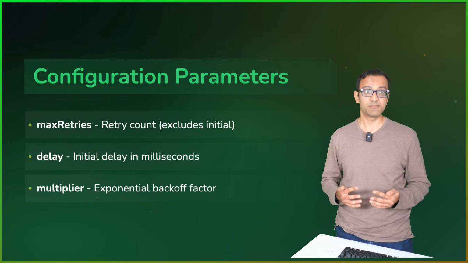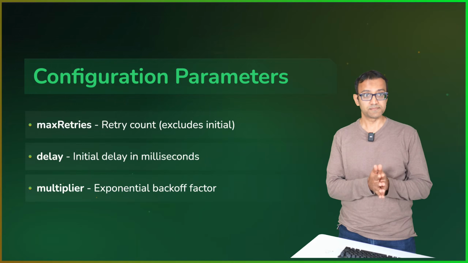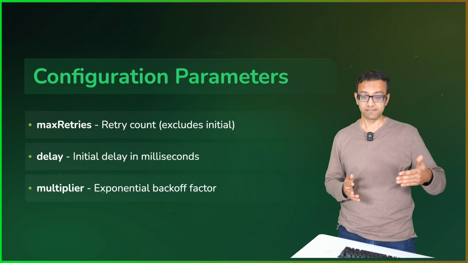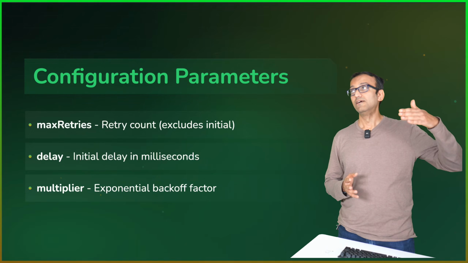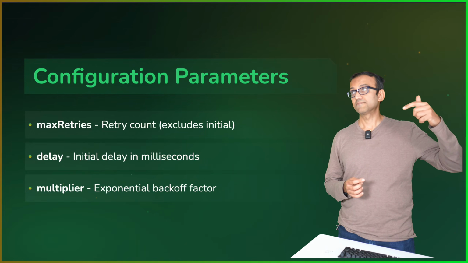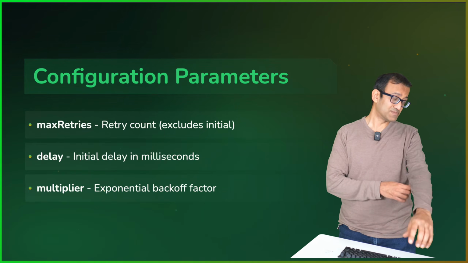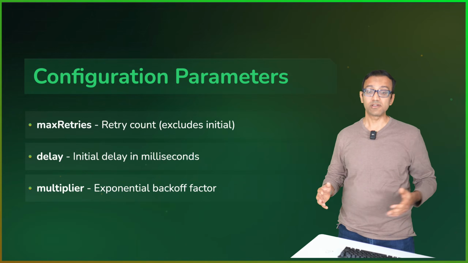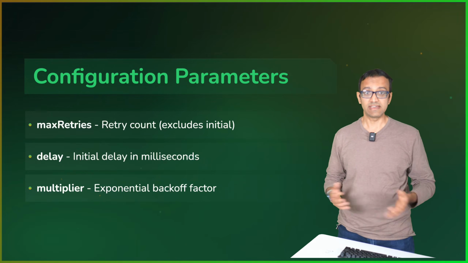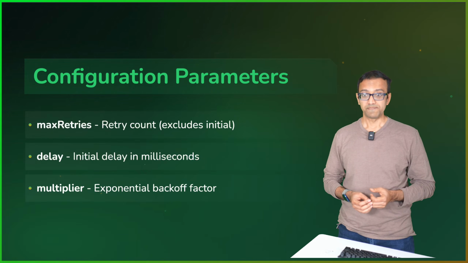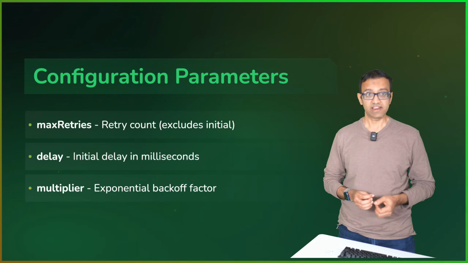But you also have to make sure that if something's broken, you don't want to immediately retry. You want to wait for a while and then try. So you can configure the delay accordingly. And then the multiplier is exponential backoff factor that I'm going to address in a bit.